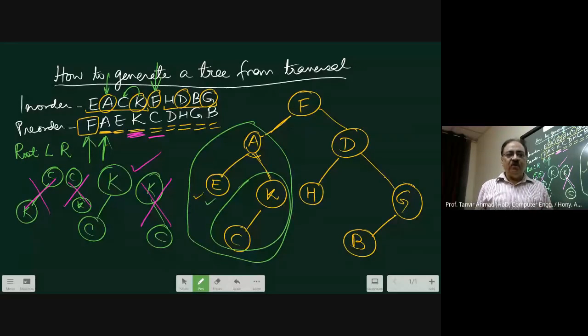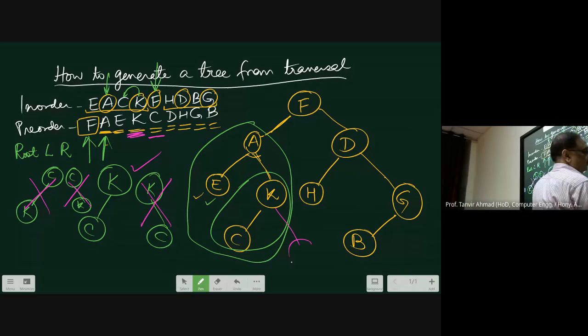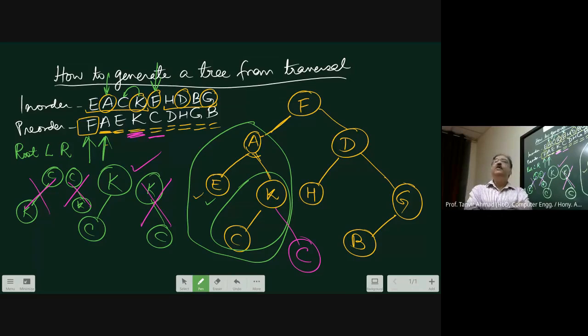अब एक चीज समझ लो, अगर तुम्हारा C right-hand side में होता K के, तो pre-order में कोई फर्क नहीं पड़ता. Just I try to show you, you put a C over here and do a pre-order traversal. क्या होगा?